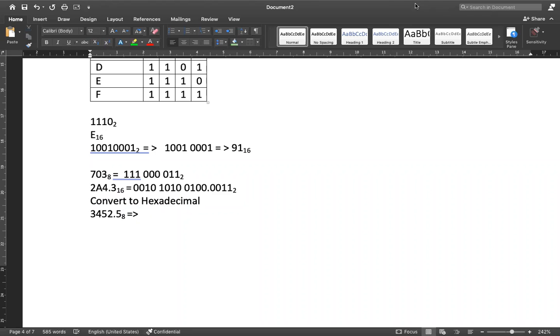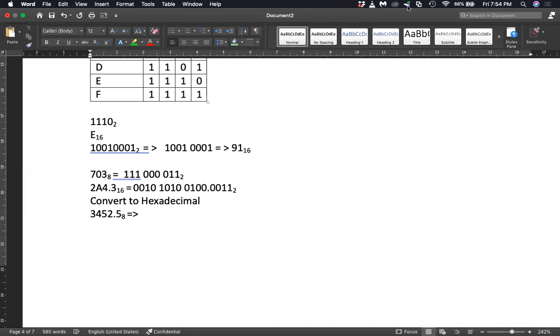Let's see who's the first one to give the answer, because we have only 2 minutes to finish the session today. Who's the quickest one? Let's see, make it quickly. 3452.5 octal. I need the hexadecimal value.